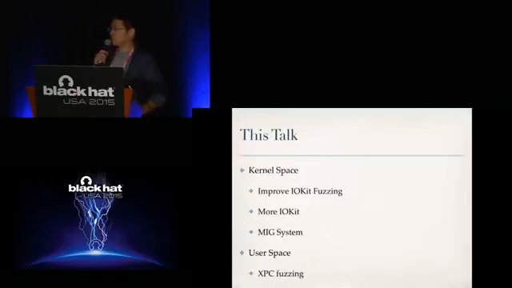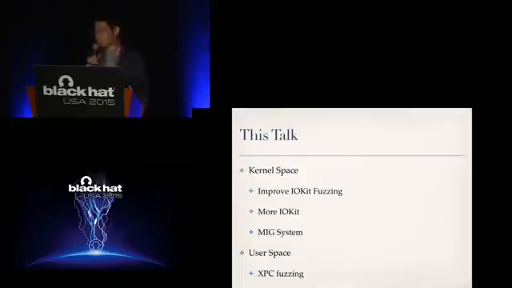Okay, after having a look at some past attack surfaces, what will we talk about today? Two parts. For the kernel part, we will first talk about some small tips to improve your IOKit fuzzing, and besides that, we introduce some more parts for fuzzing IOKit. After that, I will introduce the MIG system, which was not well fuzzed in the past.